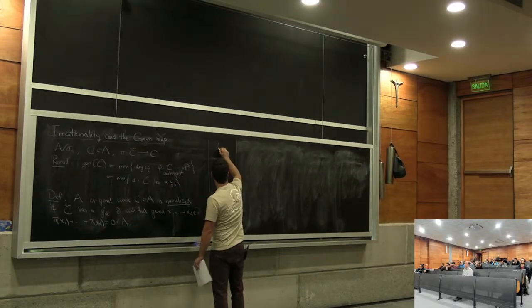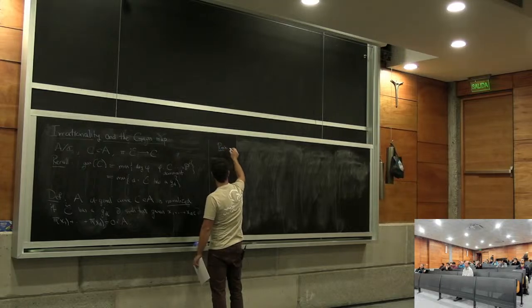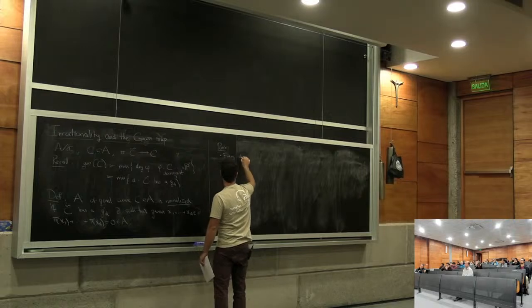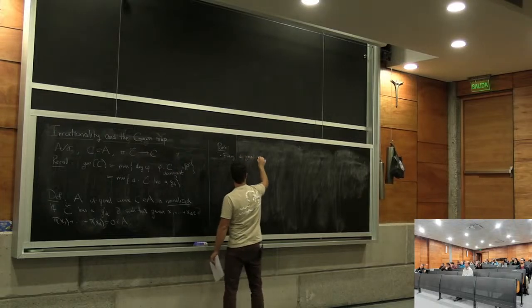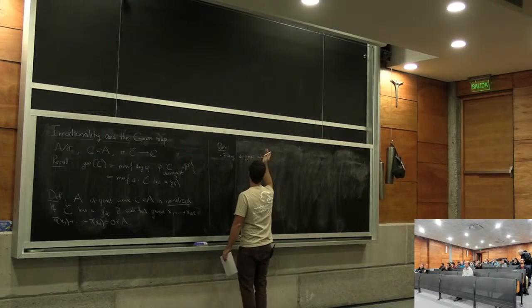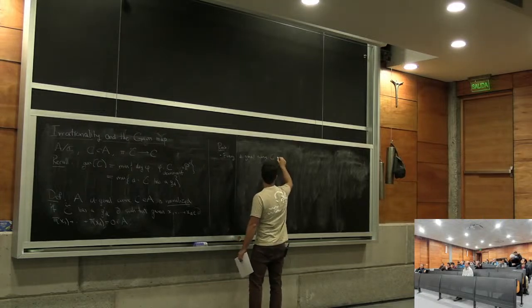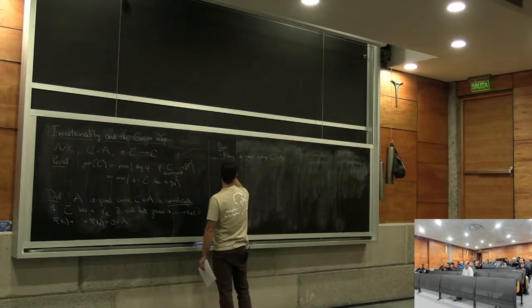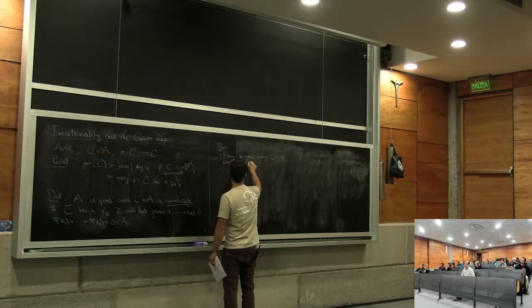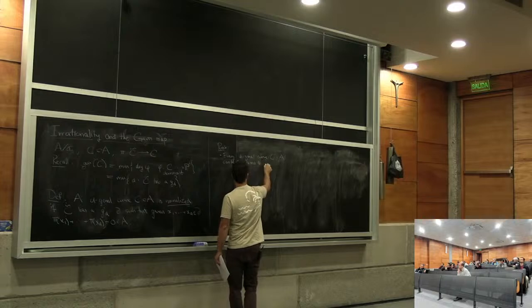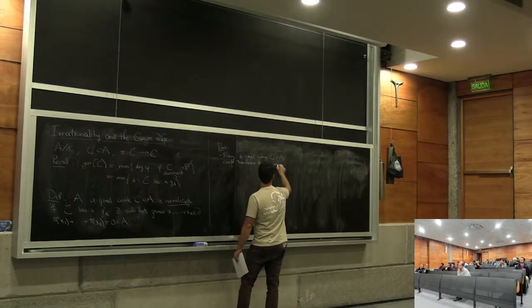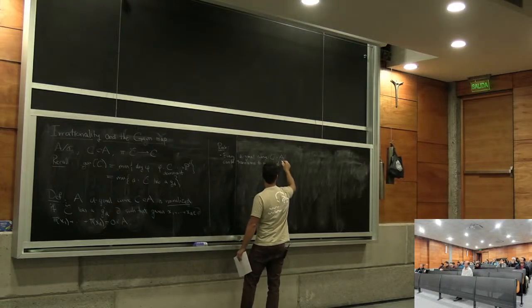So every d-gonal curve, or every curve really, inside of my abelian variety can be translated to a normalized curve.